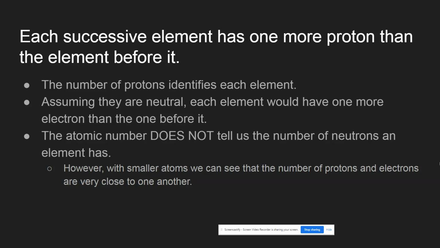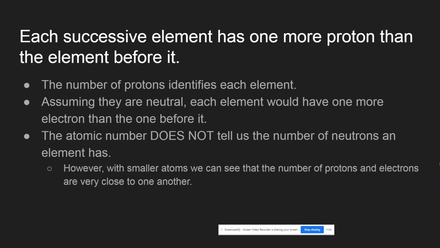Okay, the atomic number, even though we are talking about neutral atoms and we like to say the number of protons and the number of electrons balance each other out, the atomic number does not tell us anything about the number of neutrons. Okay, we have to do a little more work to figure out the number of neutrons.